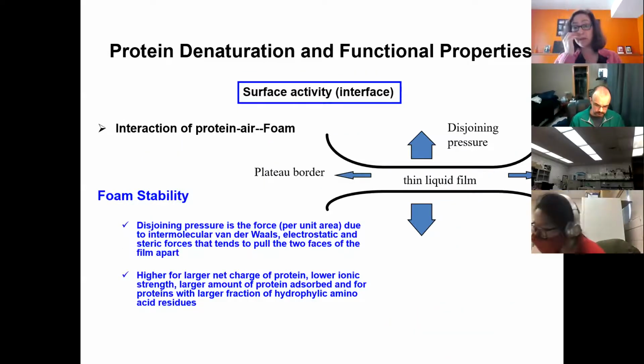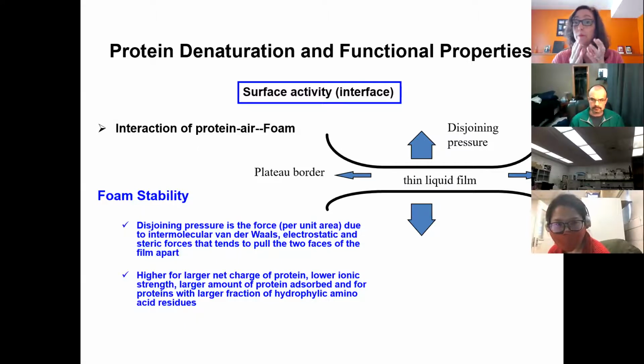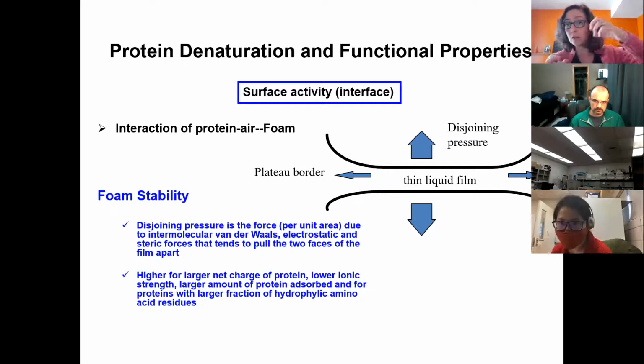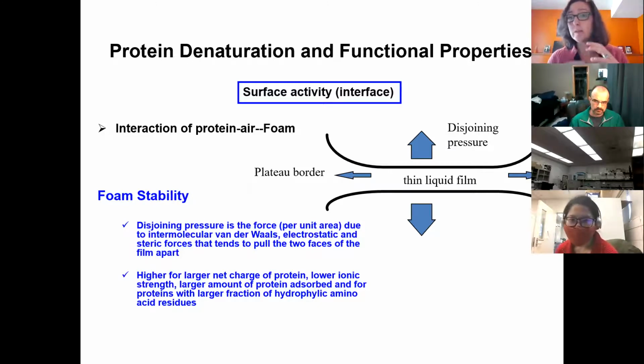Again, stability of the foam: once you form the foam and you have the film of protein around the air bubbles, we have properties that allow for stability of the foam. You want a thick film, and you also want polar and charged groups orientated to the aqueous phase. This will increase the disjoining pressure, repulsion. So you have groups that cause steric hindrance or repulsion that will potentially enhance this disjoining pressure.